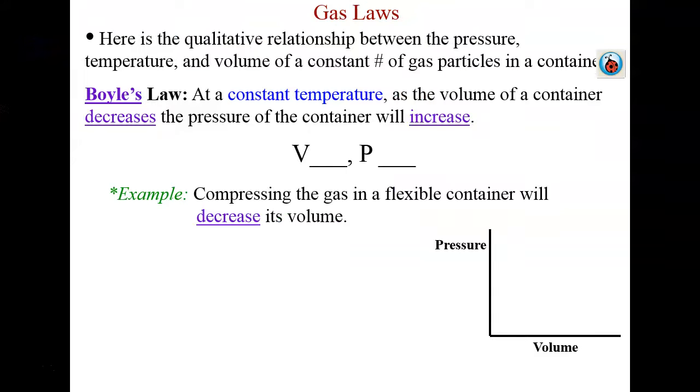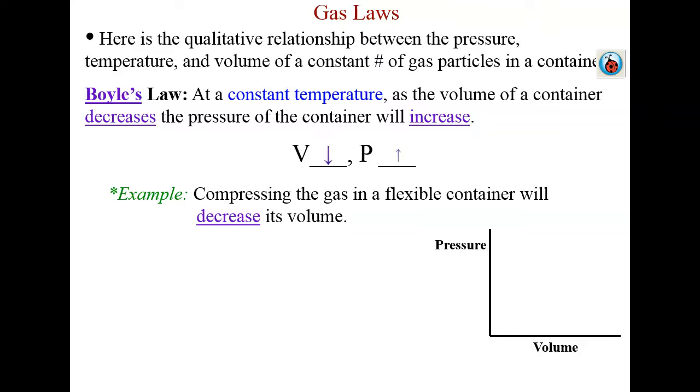All right, so here is the quantitative relationship between pressure, temperature, and volume of a constant number of gas particles in a container. We call this Boyle's law. So at constant temperature, as the volume of a container decreases, the pressure in the container will increase.